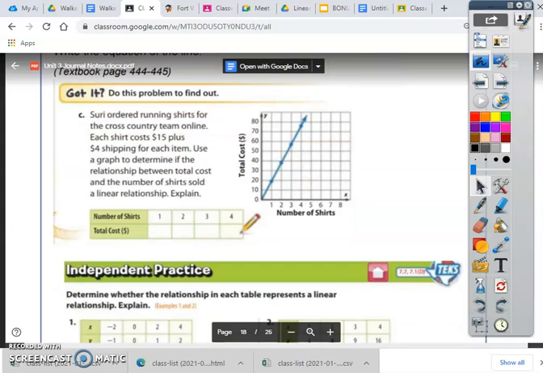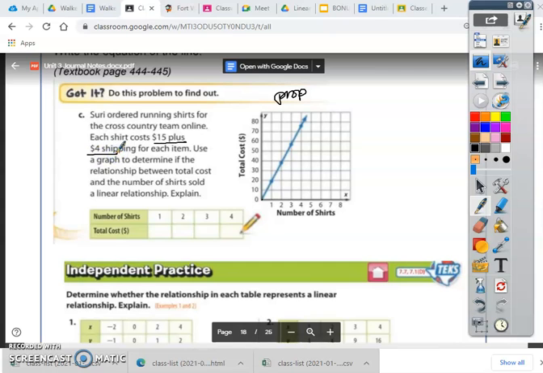Okay, so now, without even doing anything here, I can tell this is proportional. Straight line. It looks like it goes through 0, 0 anyway. Surrey ordered running shoes for the cross-country team online. Each shirt cost $15 plus $4 shipping for each item.